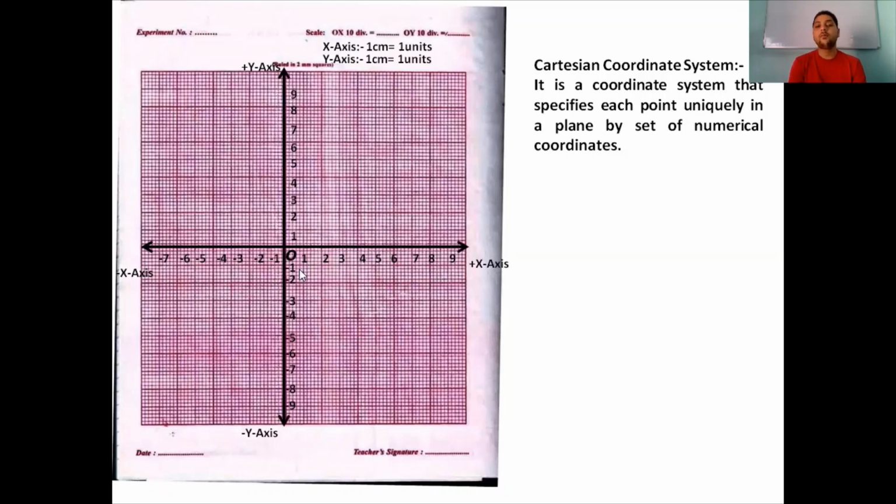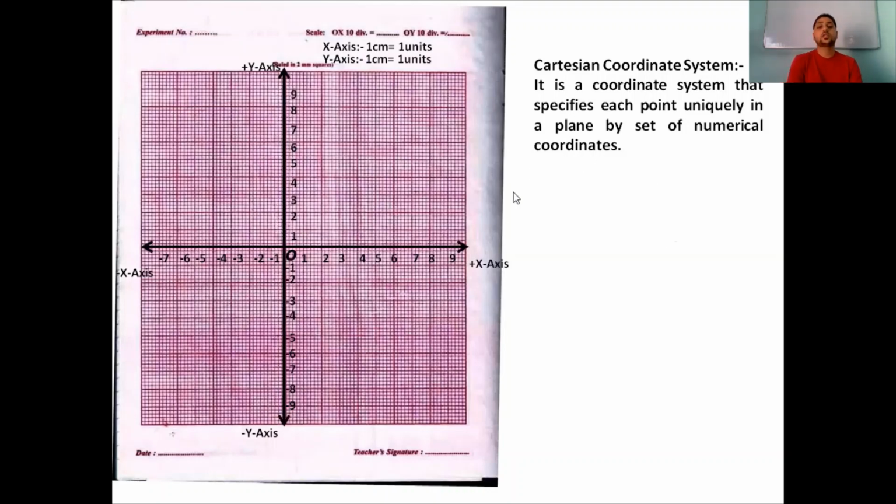We have expressed the number on a Cartesian plane, and this scale factor helps us decide up to what extent we can express the number. In this system, where I have selected 1 centimeter is equal to 1 unit, I can express numbers up to 9 on each side.